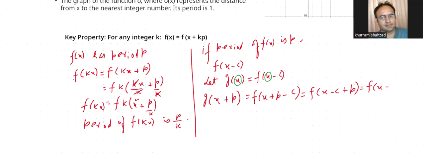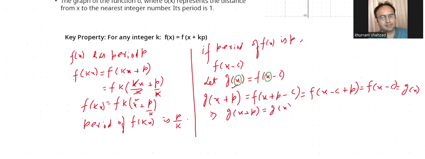And f of x minus c is equal to g of x. So now we have obtained g of x plus p is equal to g of x.